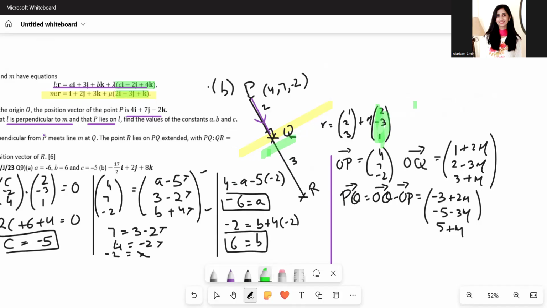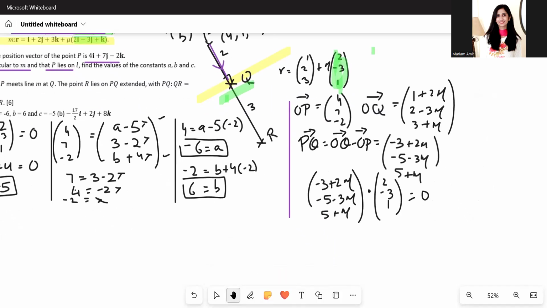So if they're perpendicular, their dot product must equal 0. So (minus 3 plus 2 mu, minus 5 minus 3 mu, and 5 plus mu) dot the direction vector (2, minus 3, 1) equals 0.